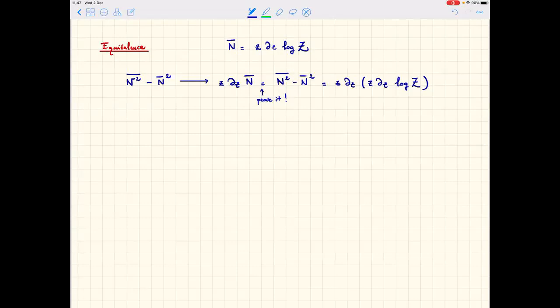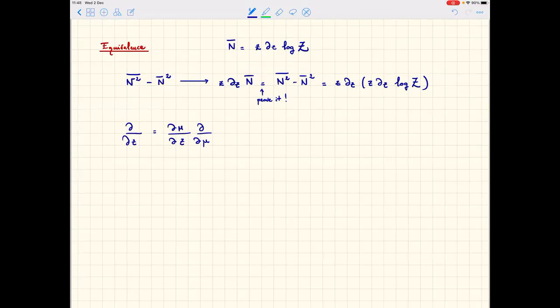Okay, so now, how do we proceed? First of all, the derivative with respect to z of something can be written as the derivative with respect to the chemical potential, dz/dmu, just changing variables.